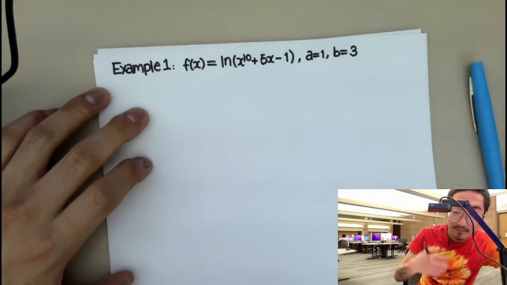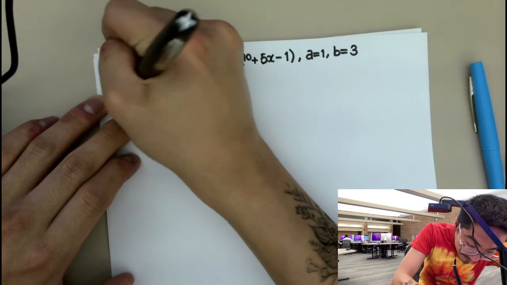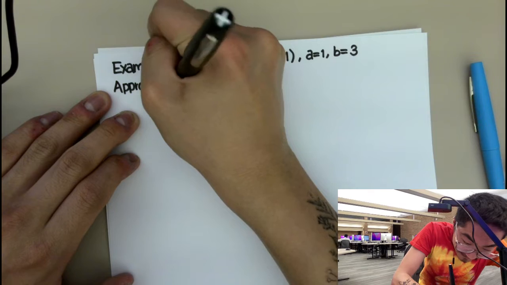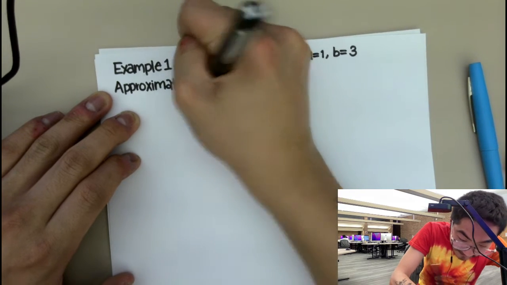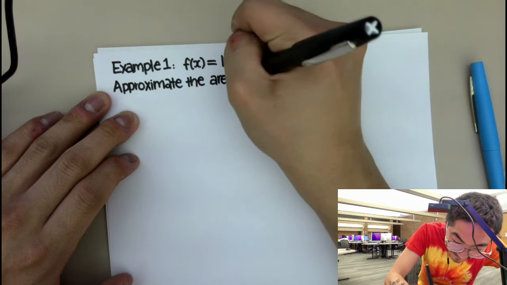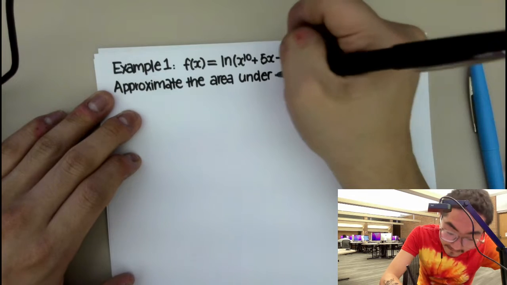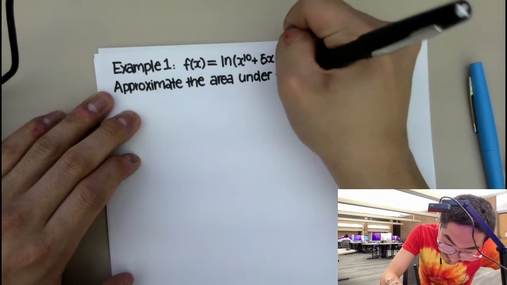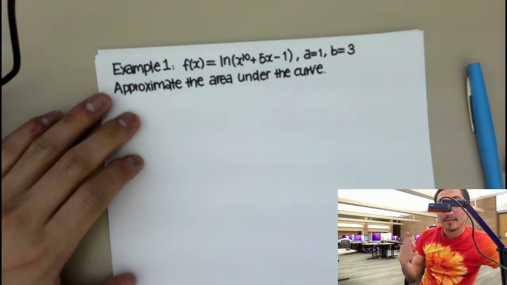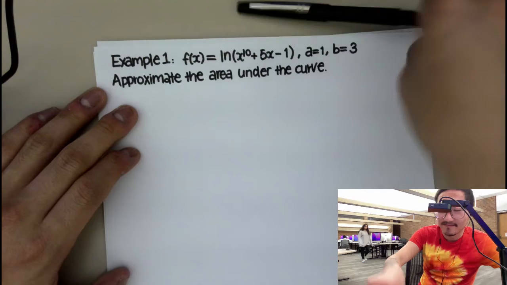We want to approximate the area under the curve using approximation. I'm just assuming it is above the x-axis.